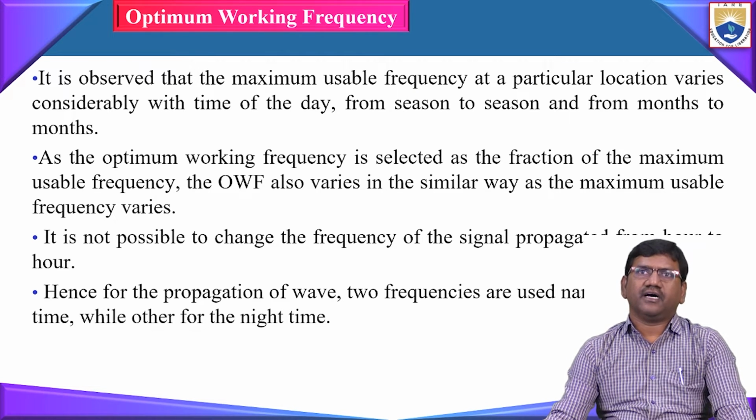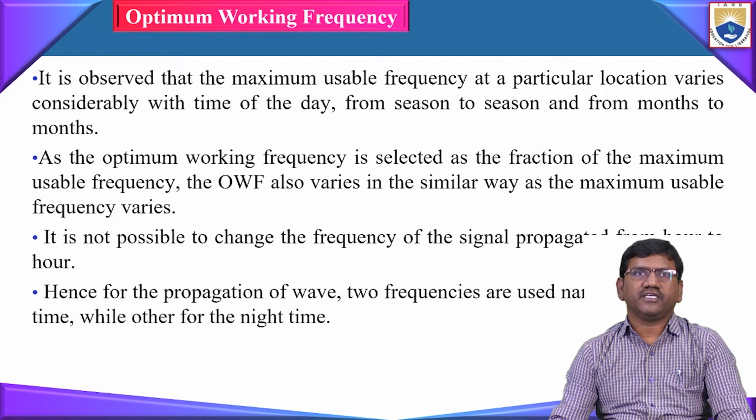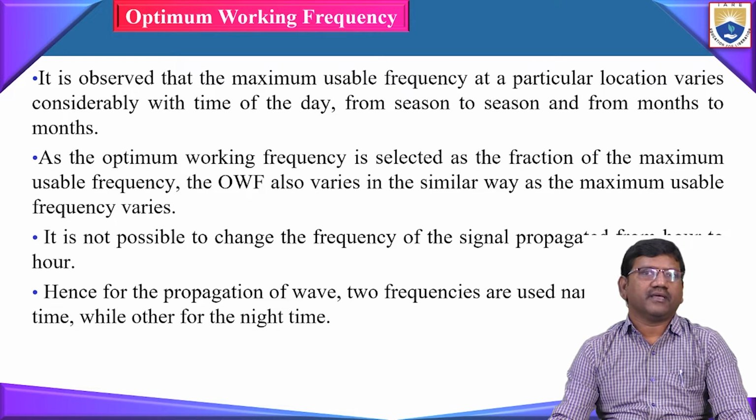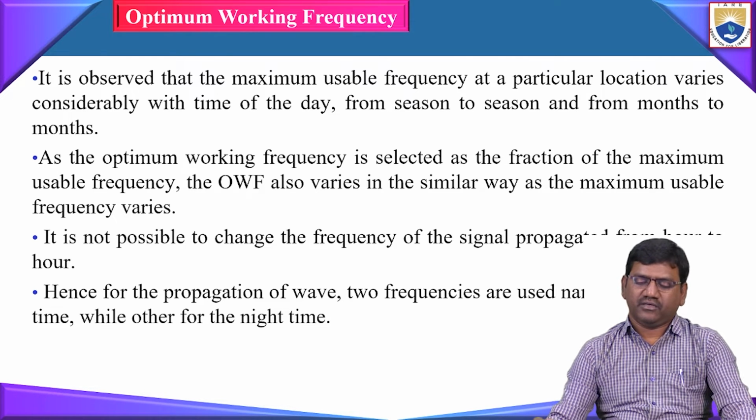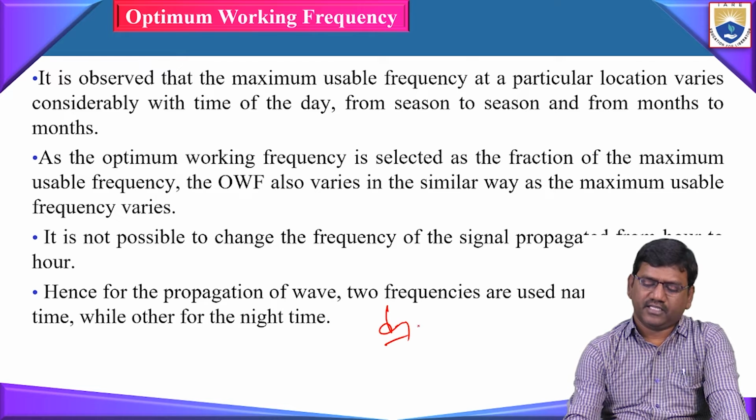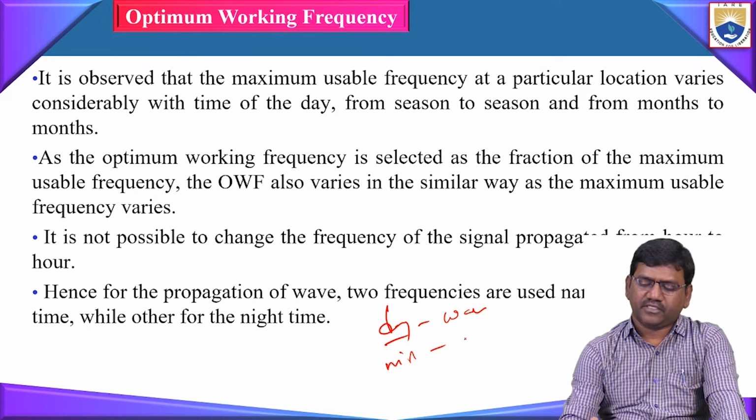So generally, whatever the transmitting frequency that we propagate during the daytime, the signal strength during the night time will be reduced. During the daytime, the atmosphere is warmer, and during the night time, the atmosphere is denser.